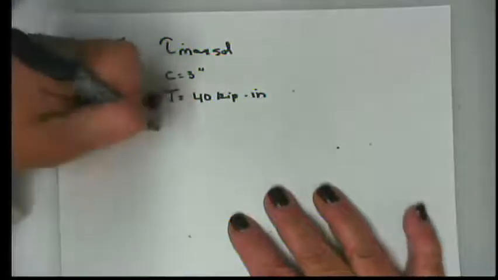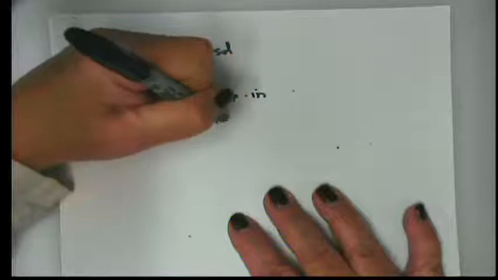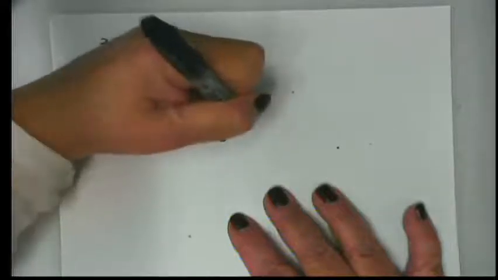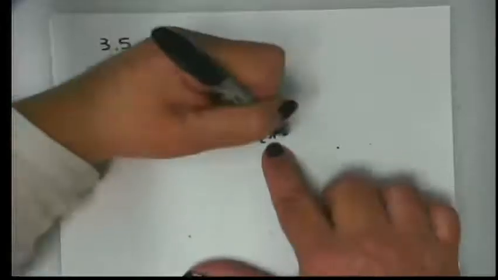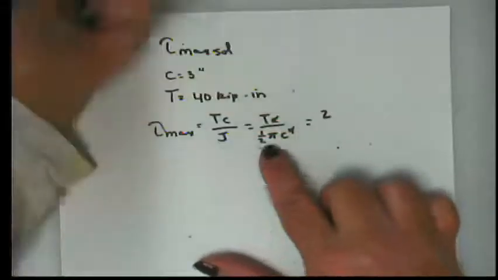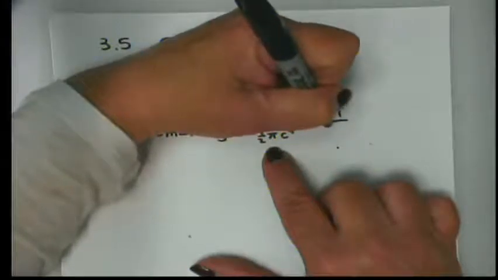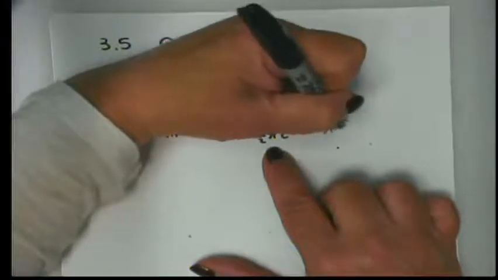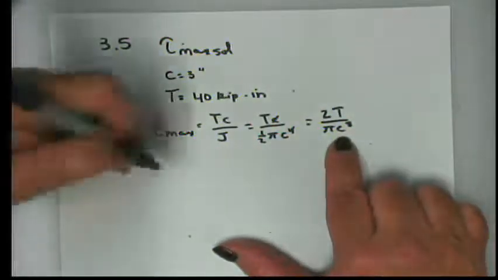So we know that tau max is equal to TC over J. We know that J is 1/2 pi times C to the 4th for a solid cylinder. So I'm going to reduce that and flip this up. The half becomes 2 in the numerator. So it's 2T over pi C to the 3rd, which is what this reduces to for a solid cylindrical shaft.